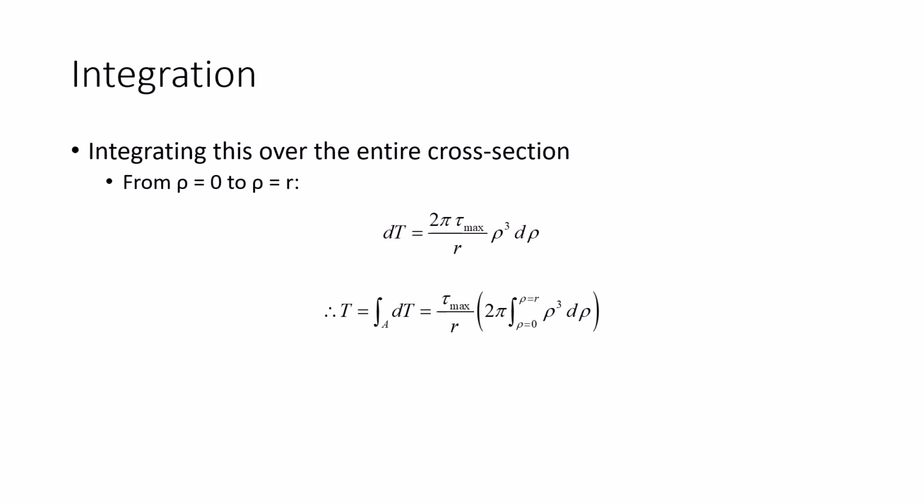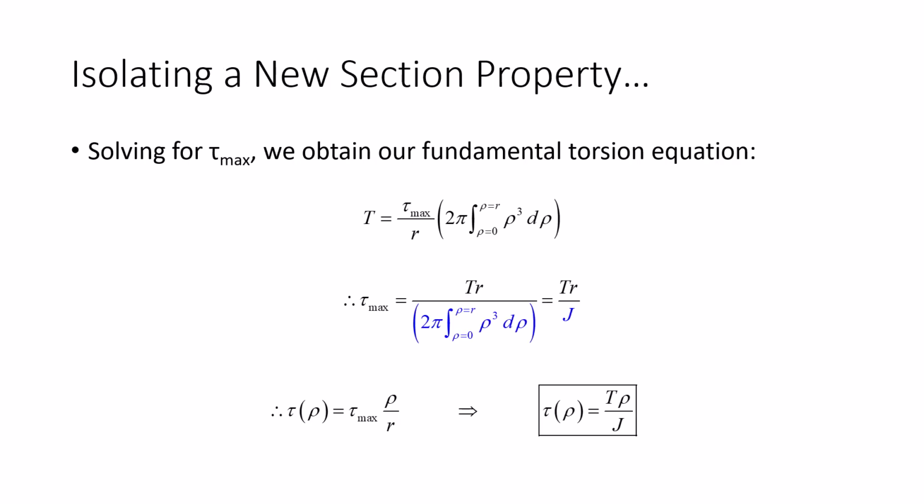It has nothing to do with the applied loads or the stresses or the strains. This just has to do with the circle itself. If I were to evaluate that integral, I would get a numerical value which characterizes what this cross-section looks like. And we call that integral, that cross-sectional property, J.